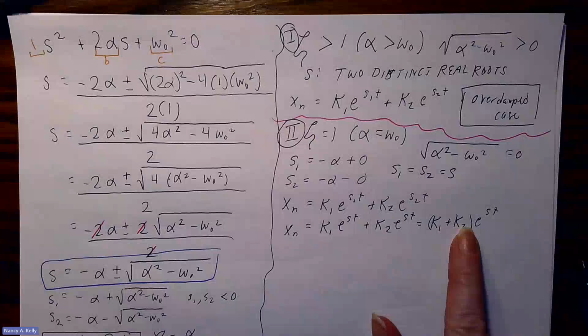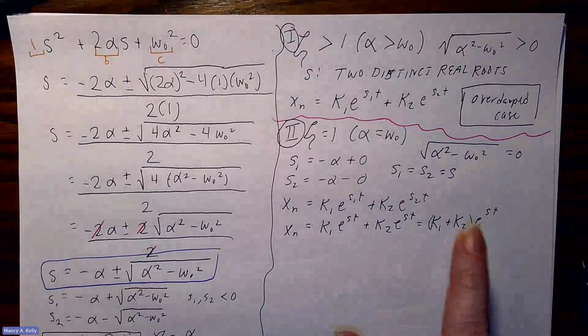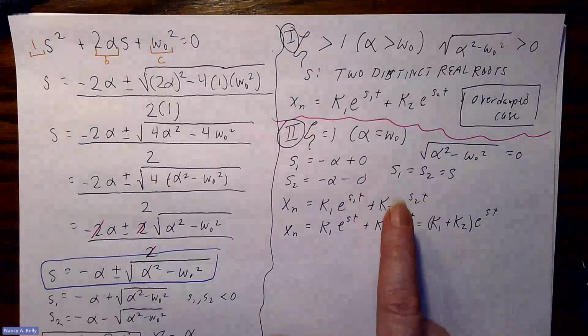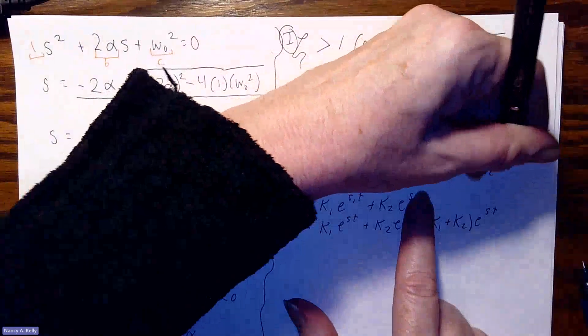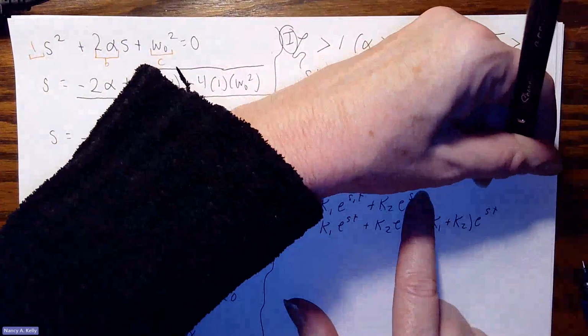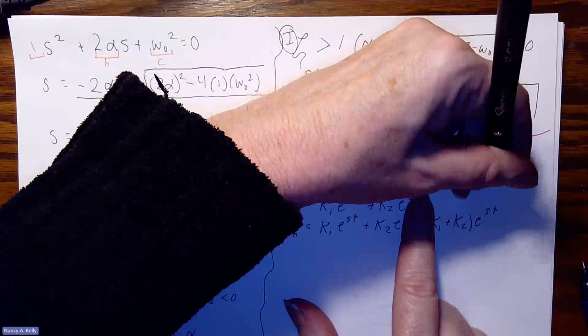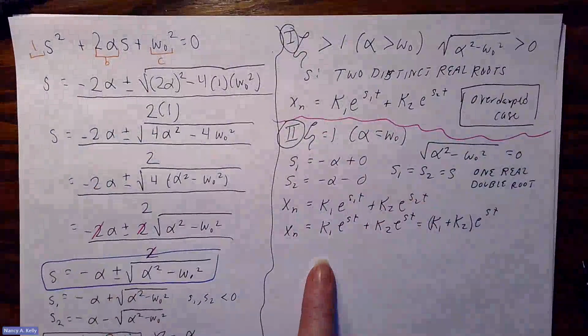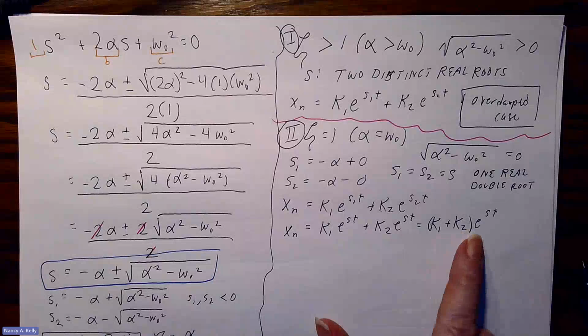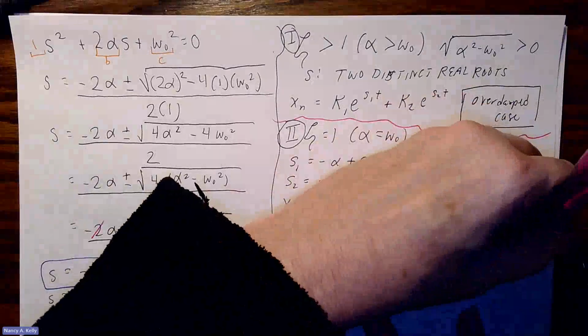And what we have then is a single root. What we have up here really is one real double root. You're supposed to have two because it's a second order system. But here it seems like we've reduced it to one, and that's not acceptable. We have to have two roots.